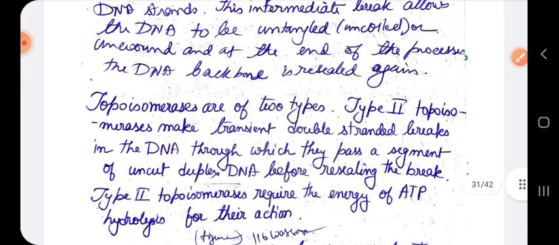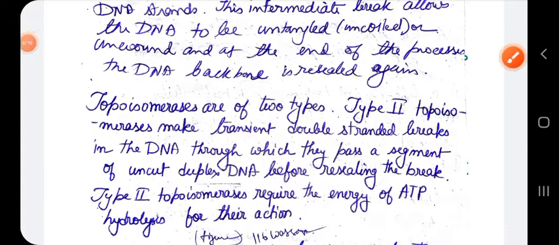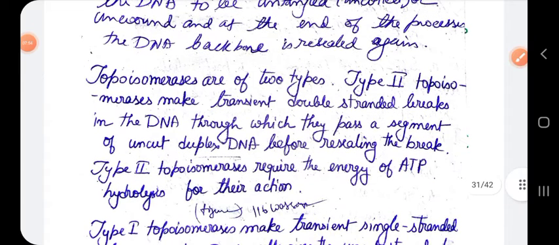Topoisomerases are of two types. One is type 2 topoisomerase, which makes transient double stranded breaks. Transient means temporary double stranded breaks in the DNA, through which they pass a segment of uncut duplex DNA before resealing the break.